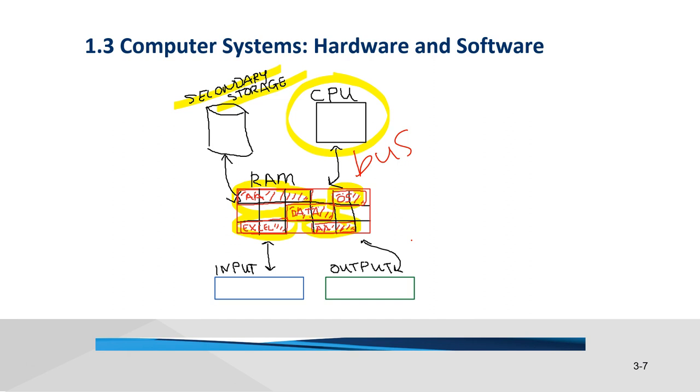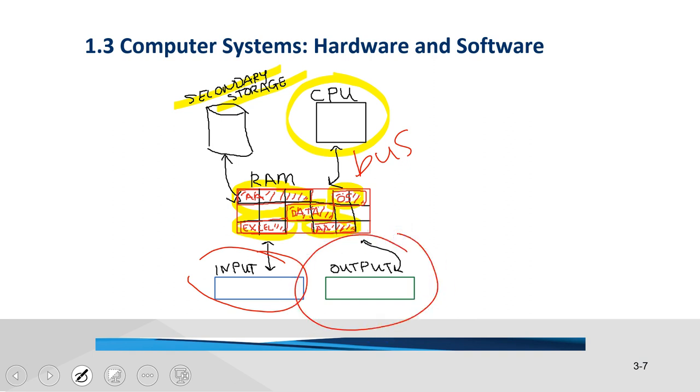The data that we send in to our programs is sent in through input devices. And let's say that we get finished and we want to print something out, or we're just working on our program and we're just seeing the results on our screen, on our monitor. These are examples of output devices, the printer and the monitor.